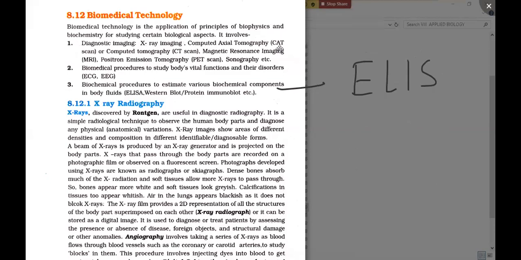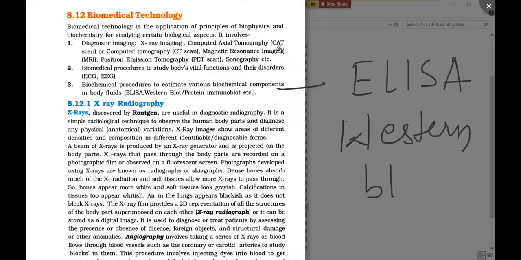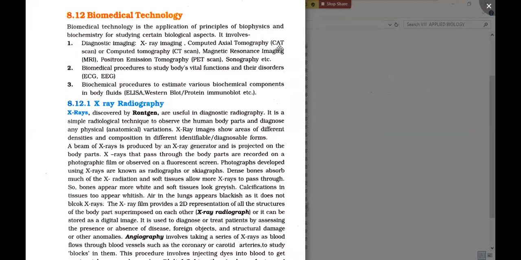EEG, electroencephalogram, is the biomedical procedure. Biochemical procedures we are talking about are ELISA and the Western blot technique. ELISA and Western blot are protein immunoblot techniques. So the Western blot technique is said to be a biochemical procedure. We'll find the difference as we move forward.